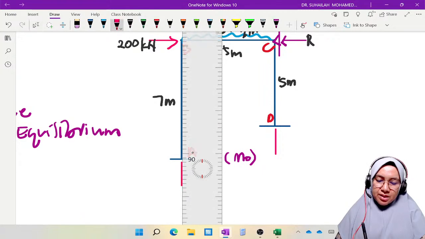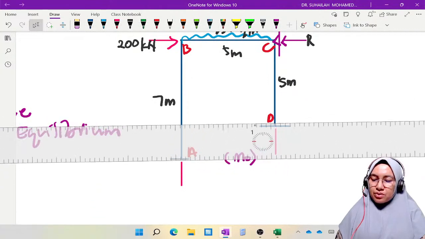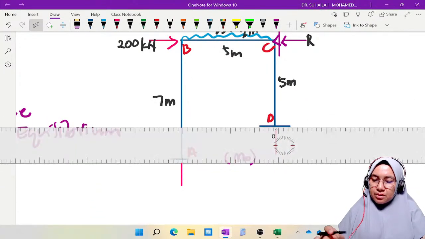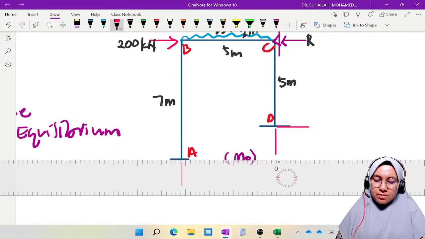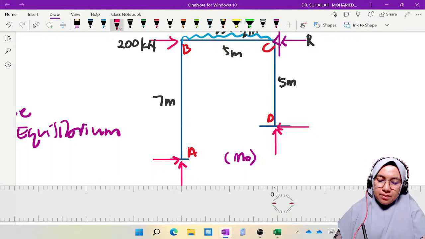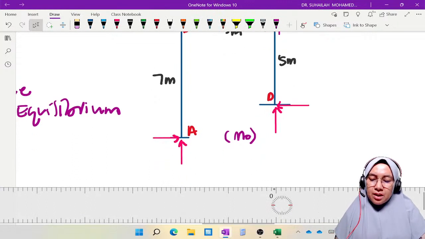This is fixed, and then the horizontal reaction. For the horizontal reaction, we can put in any direction, it doesn't matter.